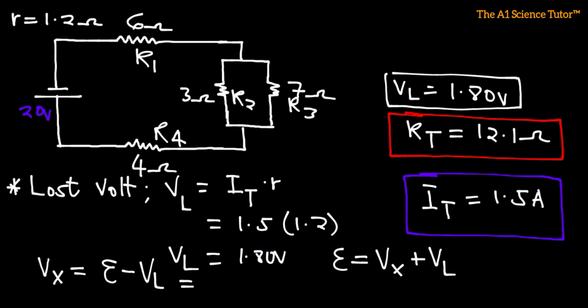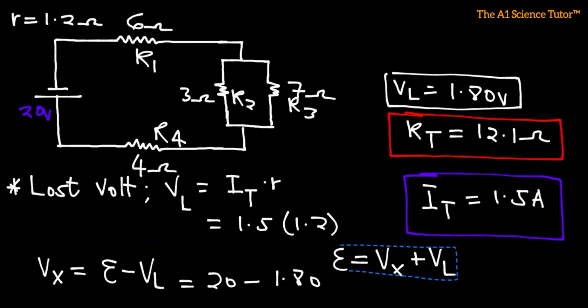Now we know what V sub L is. That is 1.8, and E is 20. So that will be 20 minus 1.80. So what is that going to give us?